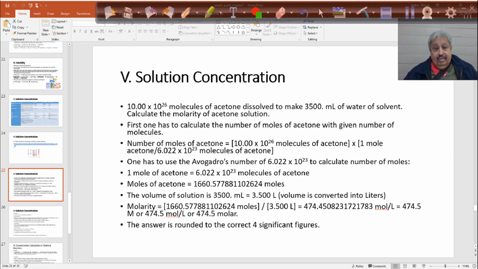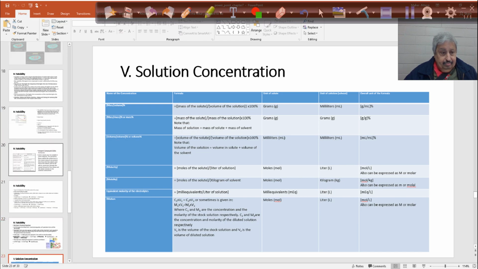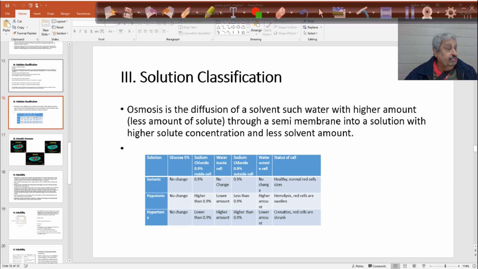Anyway, according to osmosis, we can differentiate between 3 types of solutions. Somebody has taken this experiment in the lab. We have isotonic, we have hypotonic, we have hypertonic.